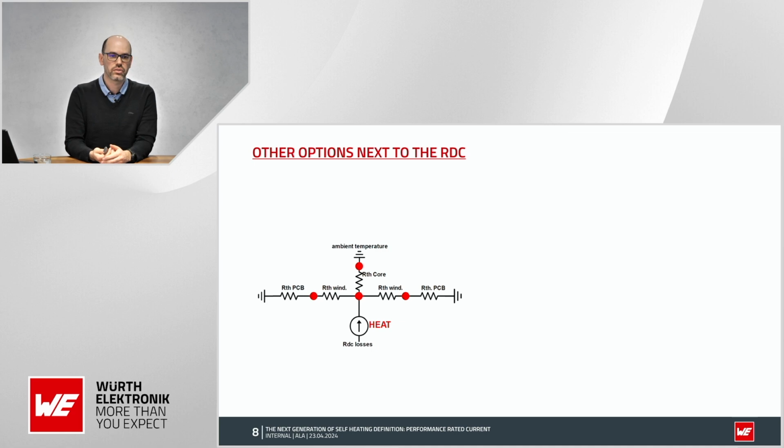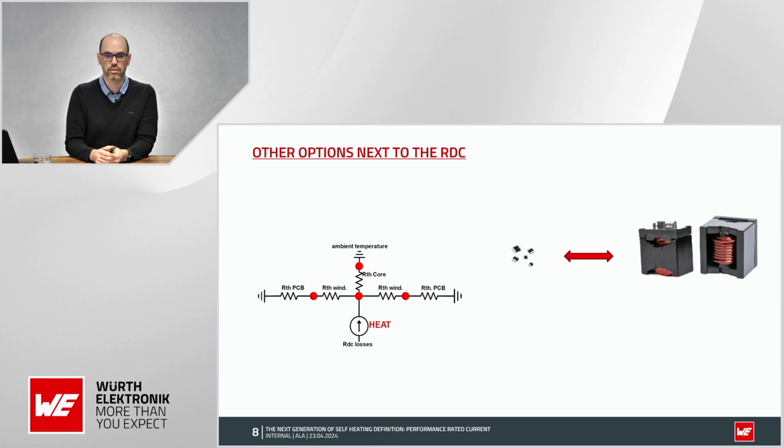But how is the heat distributed? So there are two kinds of ways. So one is for sure that the wire is transferring the heat to the core of the component, and then from the core surface, the heat is distributed into the ambient.